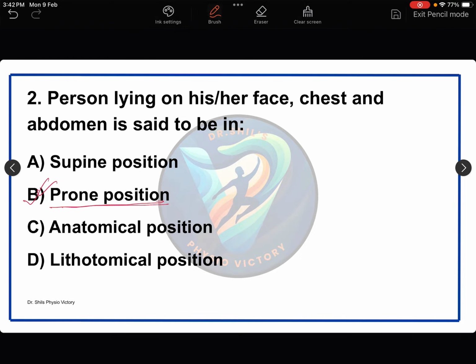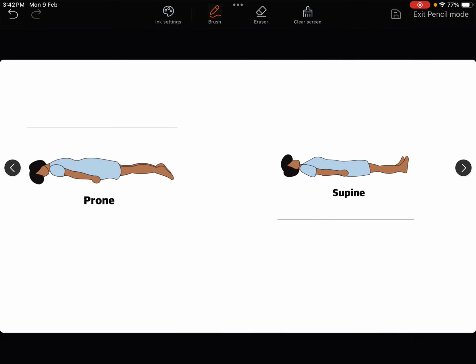Prone position is the person lies on face. This is the image of prone position. Face is downwards, and this is supine position. Face is upward, feet towards the ceiling.